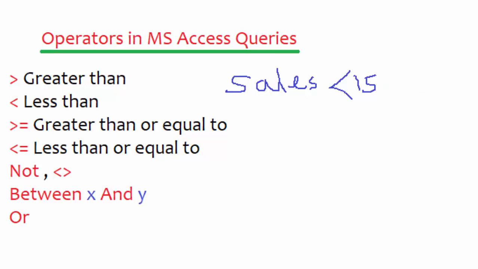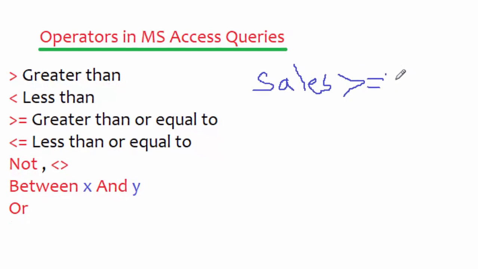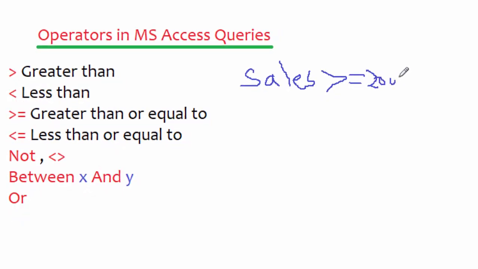The other one now is including the equal sign, and we see here we have greater than or equal to. So when I write, search for cells which are greater or equal to maybe 20,000, what do I mean? What I simply mean here is this 20,000 will be included in the result and anything above it. But anything which is less than 20,000 will not be included.